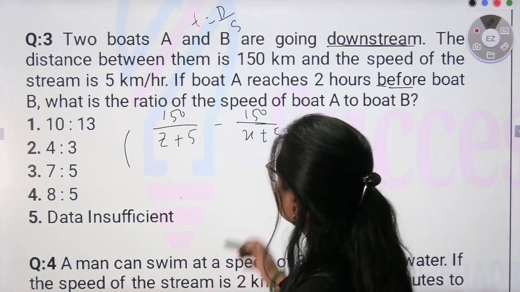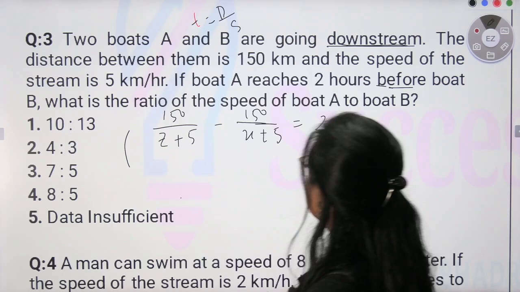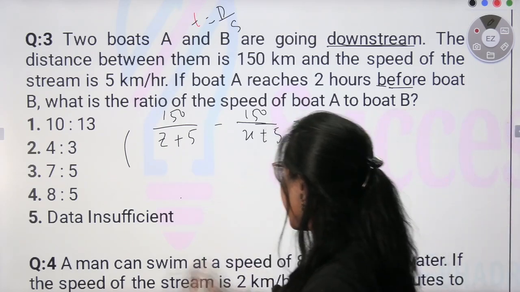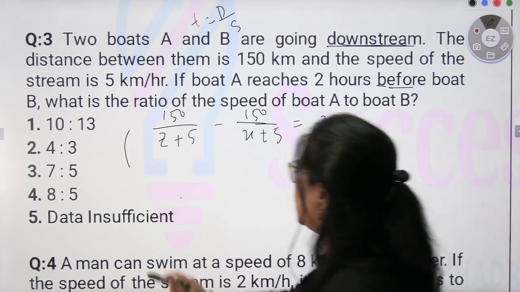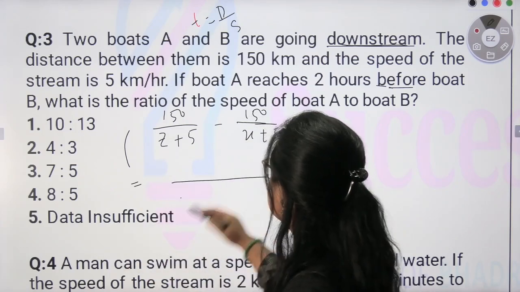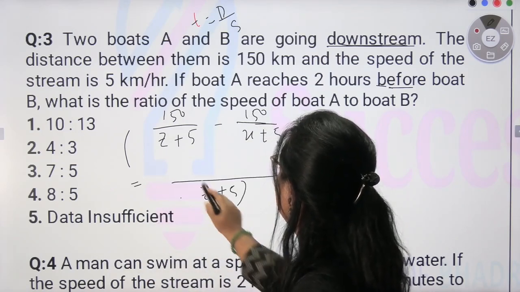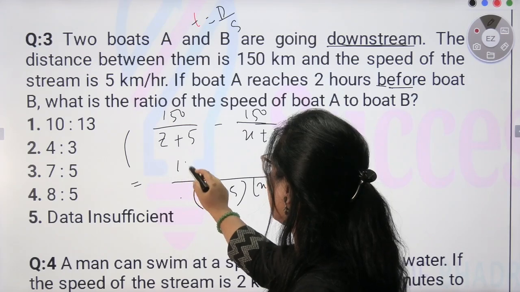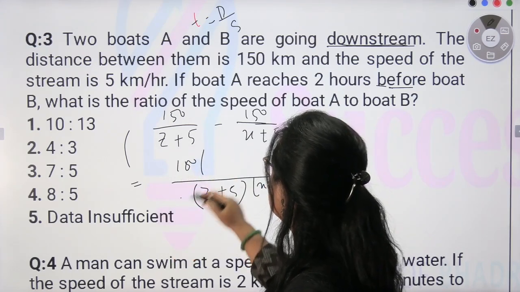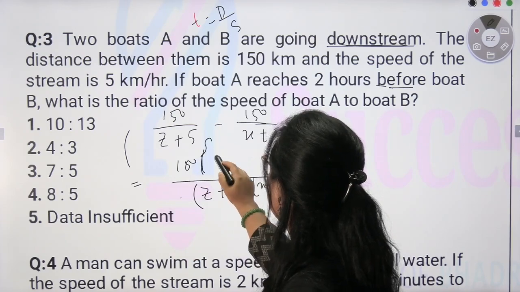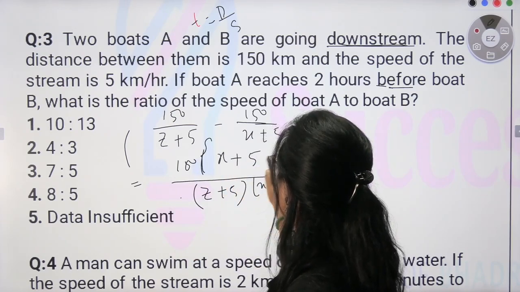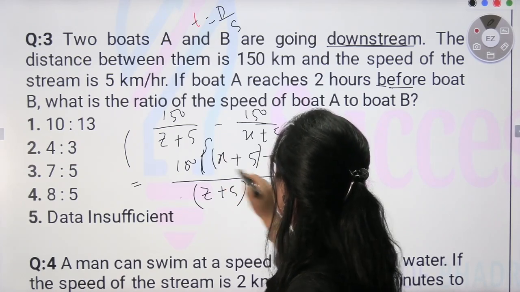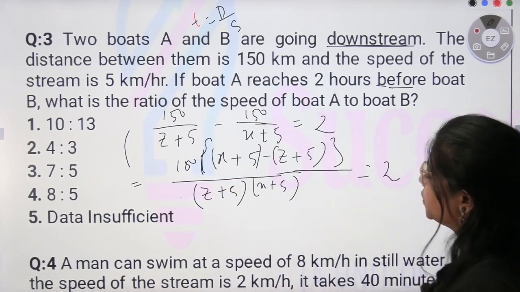So from here, you are asked to find the ratios of speed of both A to both B. Okay, that means I need to find the ratios of X and Z. So what can I do? If I take the LCM of Z plus 5 and X plus 5, and take 150 common from both the quantities, then it will be like X plus 5 minus Z plus 5 is equal to 2.